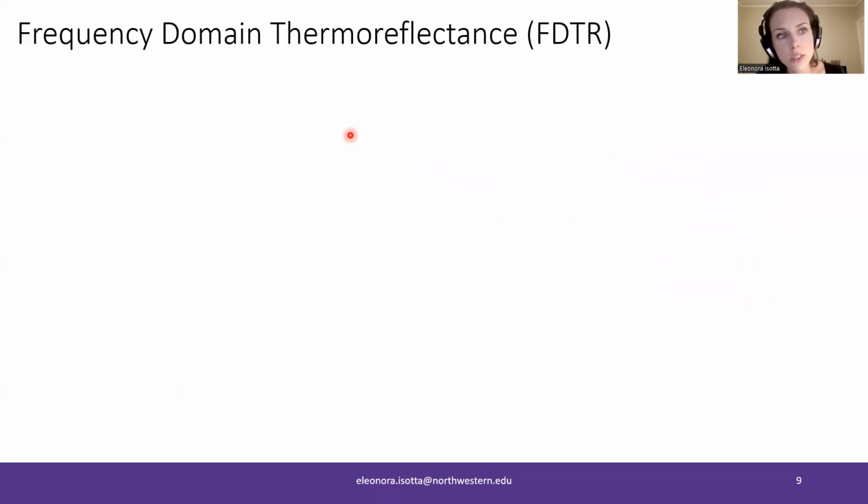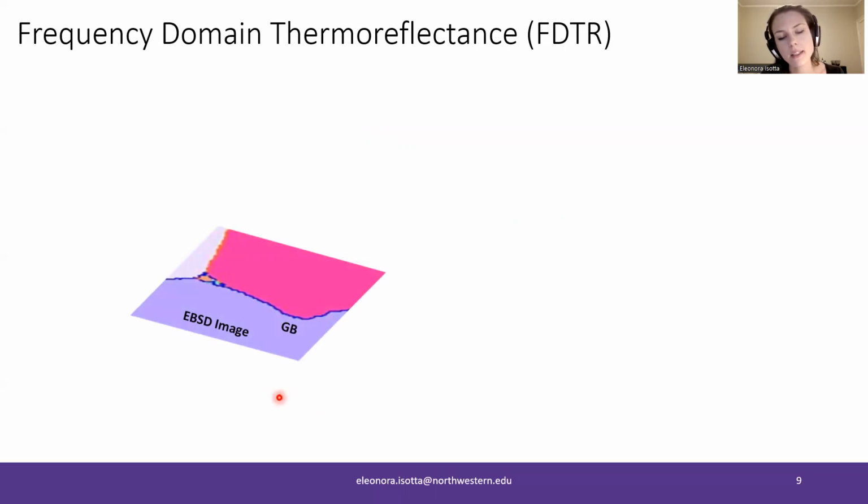For the thermal conductivity imaging, we employed a technique of frequency domain thermoreflectance, or FDTR, which is somewhat similar to the technique of TDTR that was employed for polycrystalline diamond. So in this method, we first locate the grain boundaries with EBSD. Then the sample is coated with a very thin layer of gold that serves as a transducer layer for FDTR.